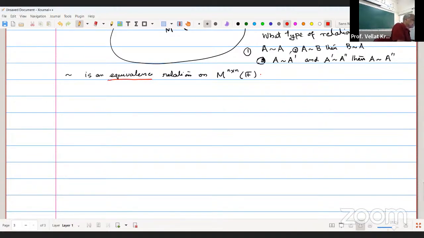What happens usually with an equivalence relation? It induces a partition into equivalence classes.